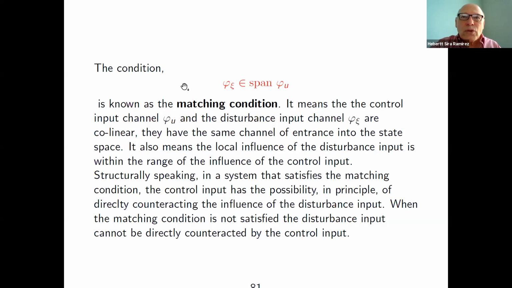So that should teach us a lesson, and the lesson is, from input-output relations, you always have the matching condition satisfied. And this is why it's important sometimes, in order to do design, to resort to the input-output relations. And in the topic that we're studying, the input-output relation is guaranteed to be linear.